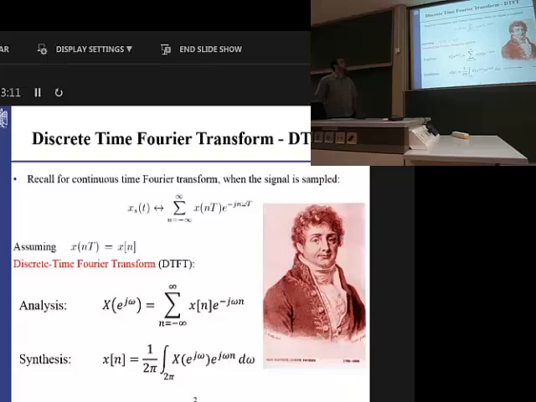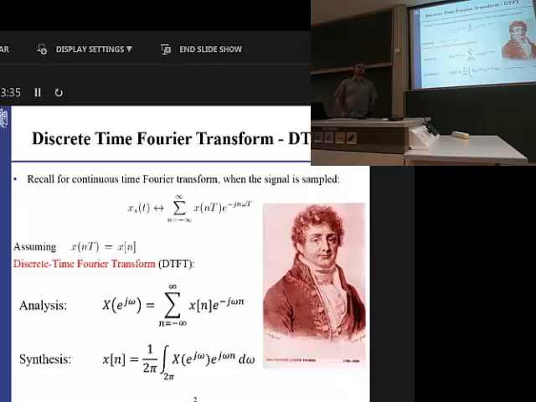So just recalling from last time, we saw that the discrete time Fourier transform is a kind of analysis of the signal, which gives us the information about the frequency components inside a signal.